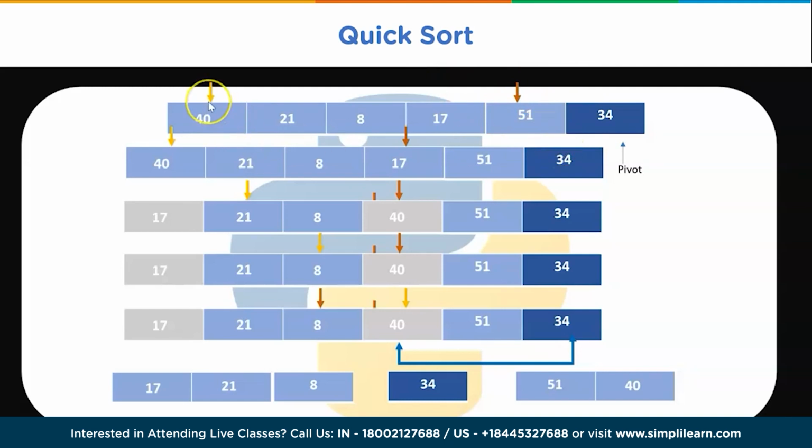Okay, so I will keep on shifting towards the right until it finds an element greater than 34, and in case of J it will shift towards the left until it finds an element less than 34. Okay, so we will see that.